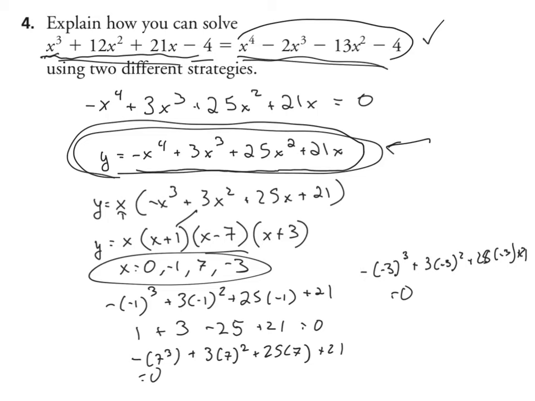It would actually be the negative of that, so it would be like negative x minus 7 and x plus 3, but same. Anyways, those are like 4 different ways of solving it.